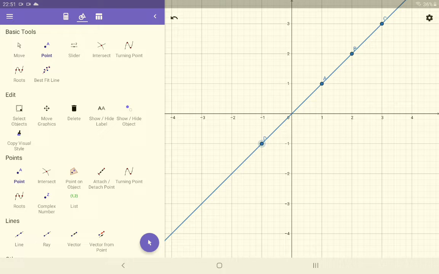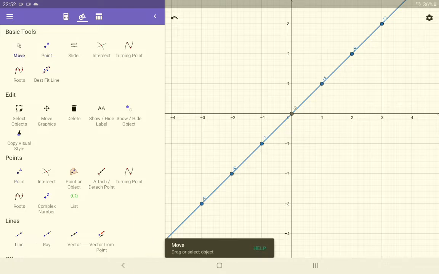You can apply this logic with negative values and see the structure of the graph. This graph is passing through the origin, and its structure is a straight line. If I want to talk about domain and range, what is the domain here?